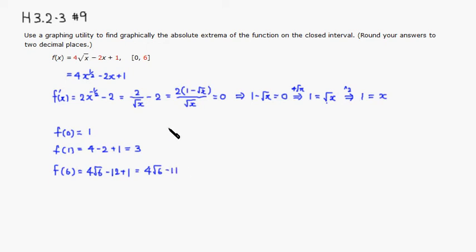So it seems like this one right here is going to be the absolute max, and this one is the smallest, so it's an absolute min.